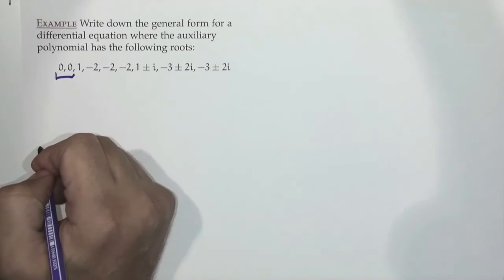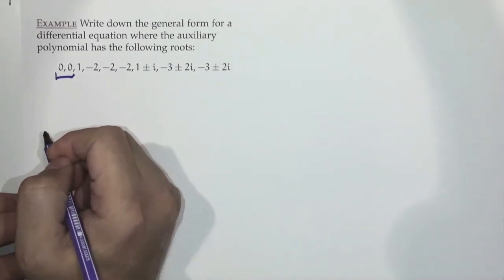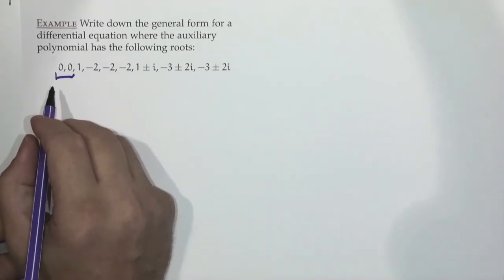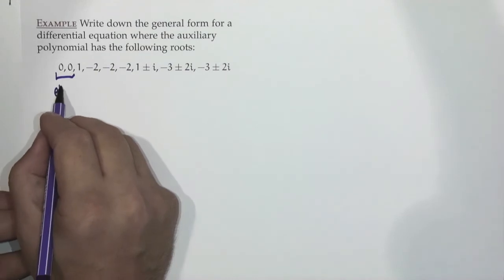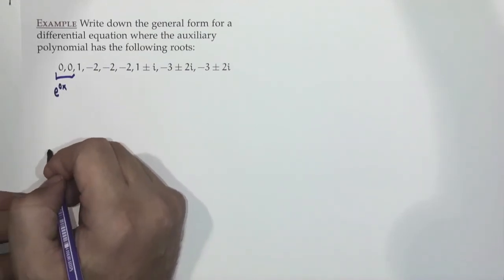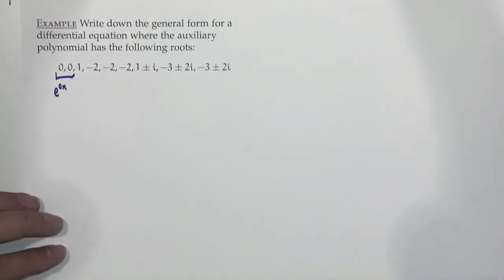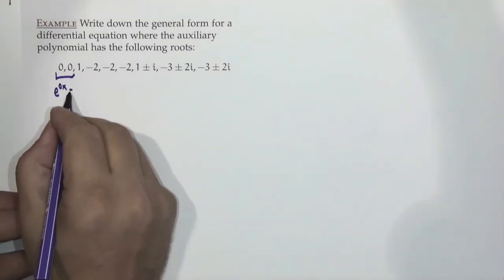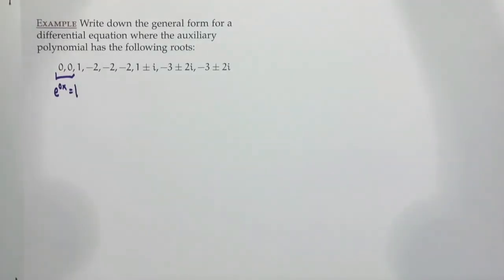First off, 0 is a fine root. What does a typical solution look like? Well, it looks like e to the 0x, because it's e to that root times x. Is there another way to write e to the 0x? Yeah, 1. When you see roots of 0, that means 1 is a solution.